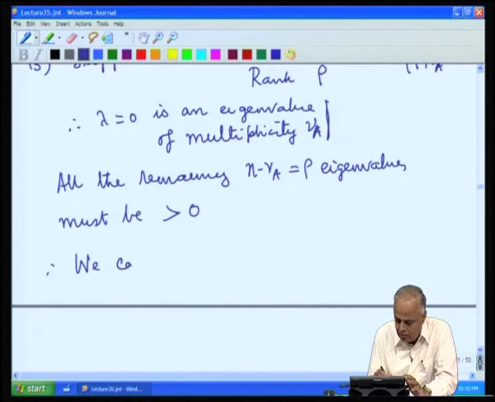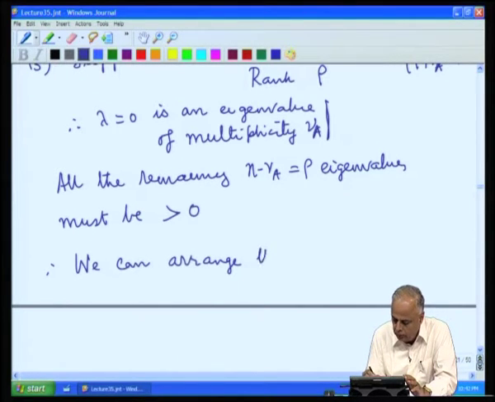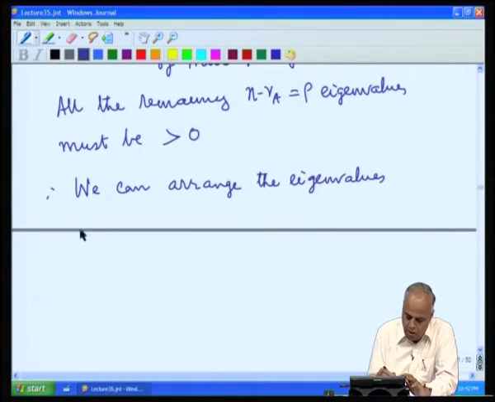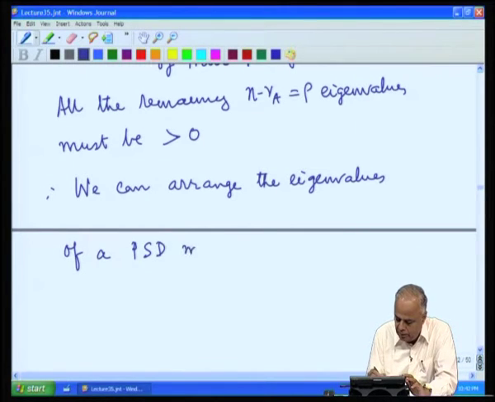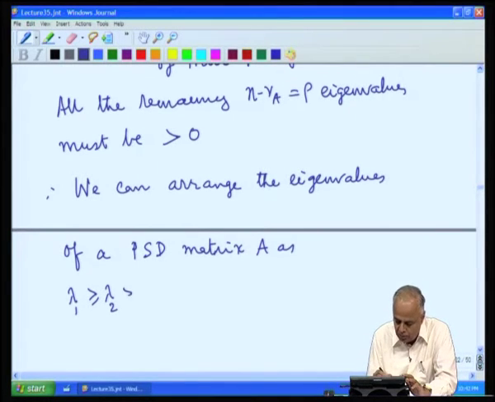Therefore, we can arrange the eigenvalues of a positive semi definite matrix A in decreasing order: the largest eigenvalue, maybe the next eigenvalue is equal to it, and so on.